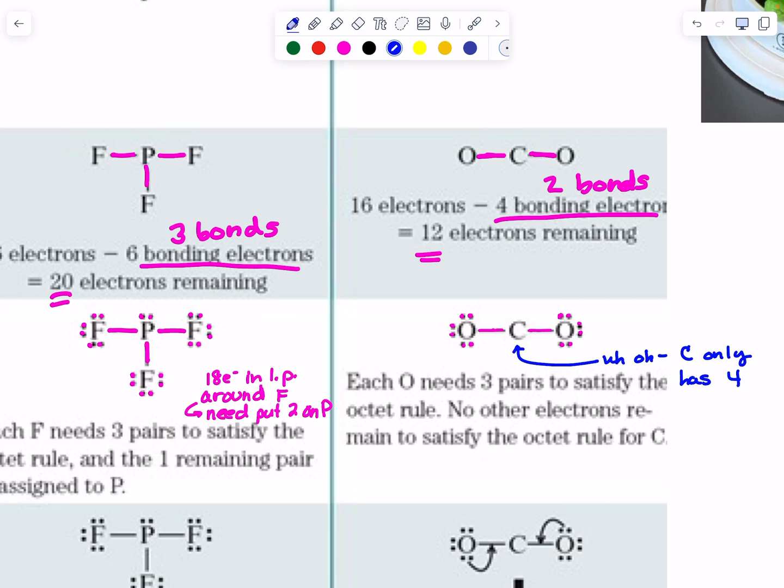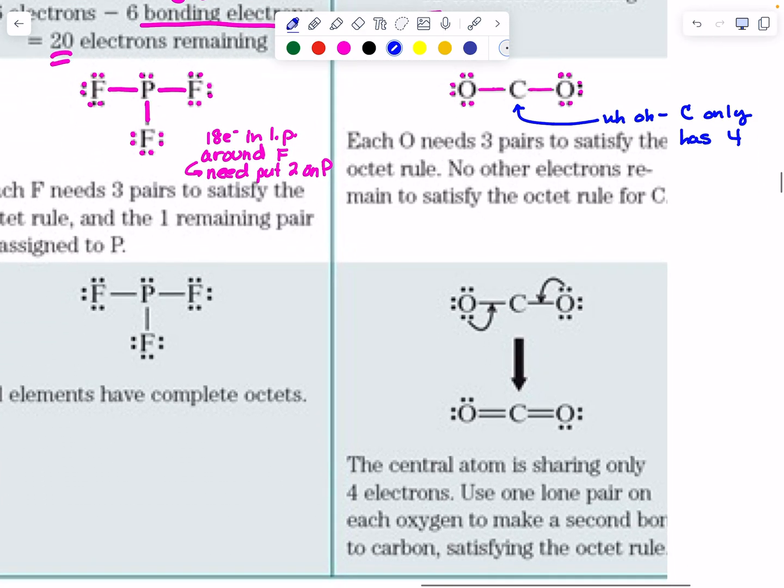So the way that I can resolve this issue, okay, is by taking my lone pairs and turning them into bonding electrons by sharing them with the carbon, okay? And so that's what I do. So my lone pair, I'm going to take one lone pair electron here, and I'm going to add an additional bond.